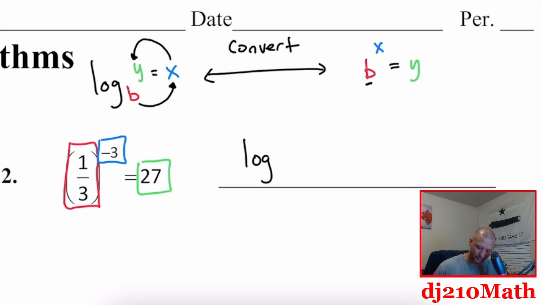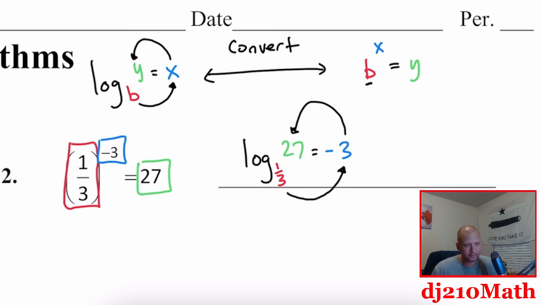Log base 1/3, the argument is going to be 27, equals negative 3. We check ourselves real quick. 1/3 to the negative 3 power, does this equal 27? Yeah, it does. So that's rearranging from exponential to log.